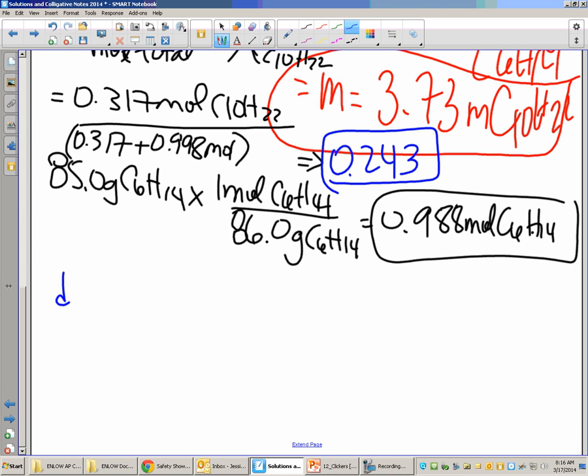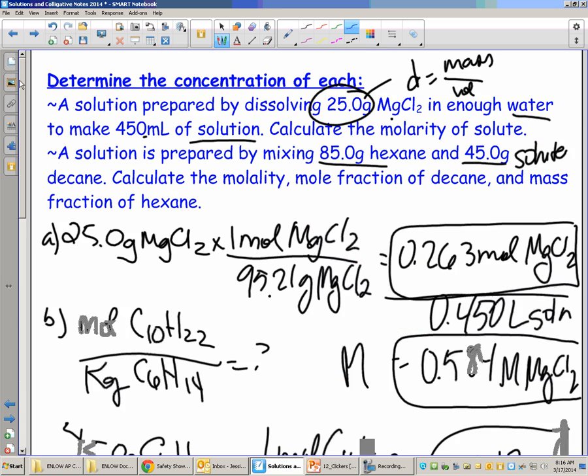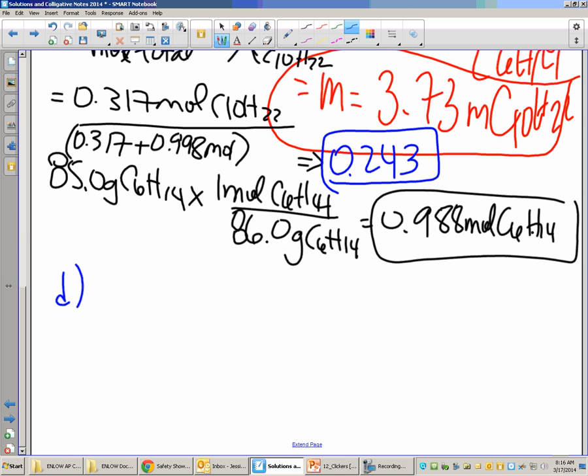All right, part D was to find the mass fraction, I think is what it said. Mass fraction of hexane. So go for it. Same thing as mass percent, except we're not going to times it by 100. It's just a fraction. How do you want me to start it?